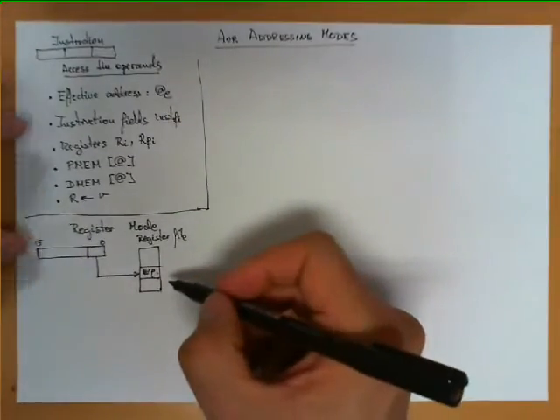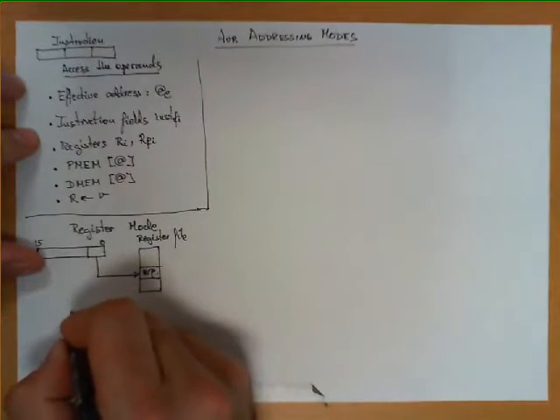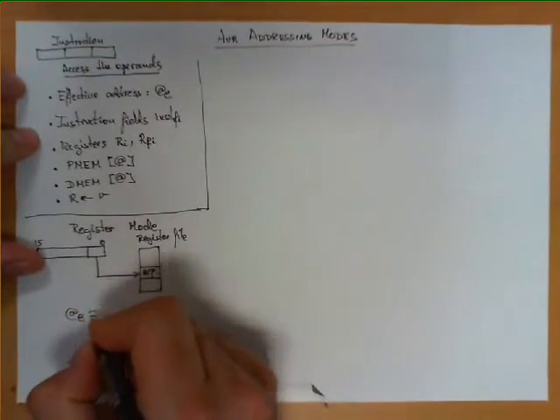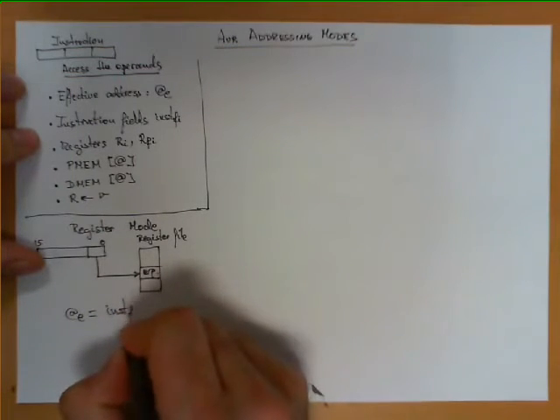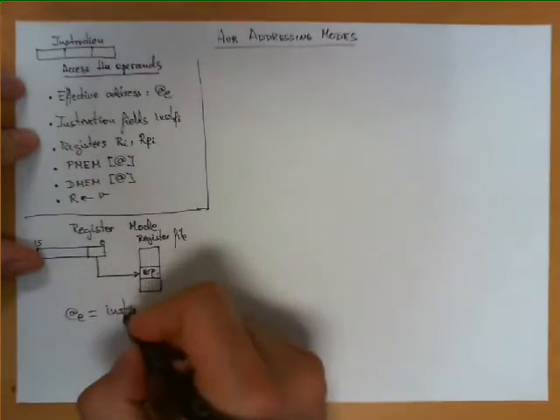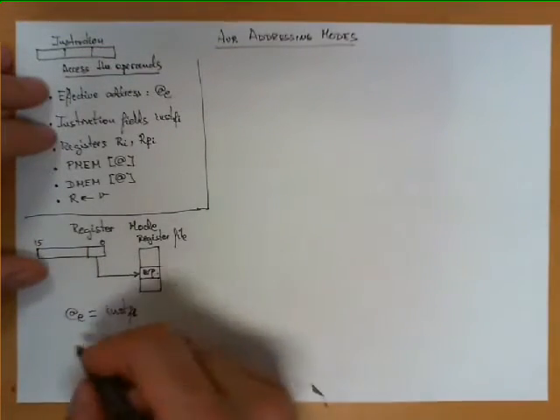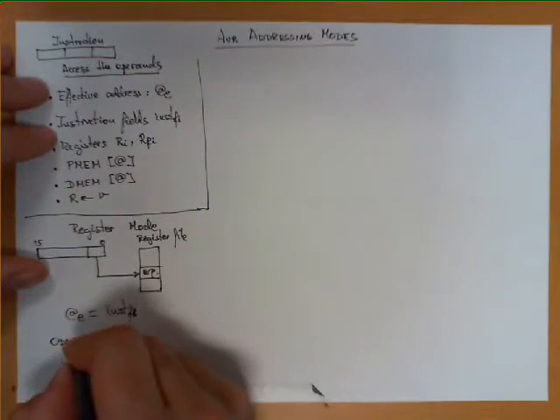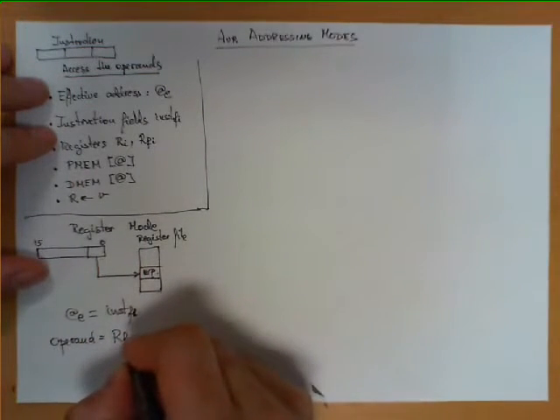Another way of looking at this now, in terms of the notation we just described, the effective address of the operand is specified by the field, let's say f sub 1 on the instruction. This is what we refer to, this field over here. And the operand is actually r sub f sub 1.